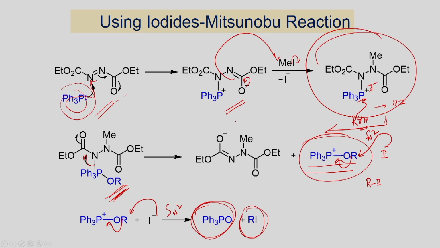You can react, and in this way you will be able to form the corresponding halides as a product. These reactions are milder compared to the traditional method where you use alcohol with a strong acid like HBr, and you can carry out the reaction under moderate and milder reaction conditions to give the corresponding halides as a product in high yields.